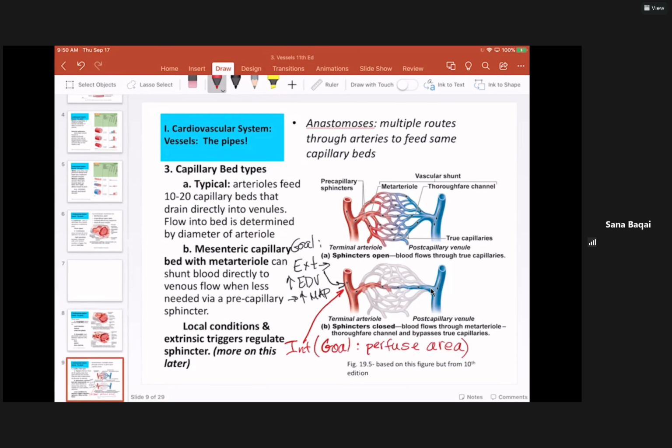Those are the metabolic factors that get released. And then other factors that are released are the prostacyclin, which would inhibit the platelet activation, as well as paracrine signals that are released from the endothelia, which would be the prostaglandins, adenosine, and nitric oxide. So these are all vasodilators.